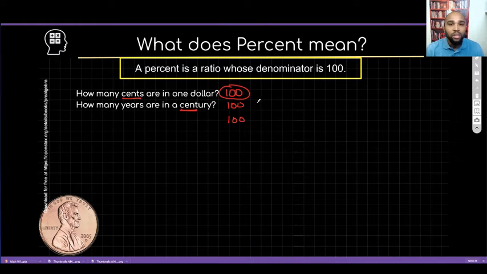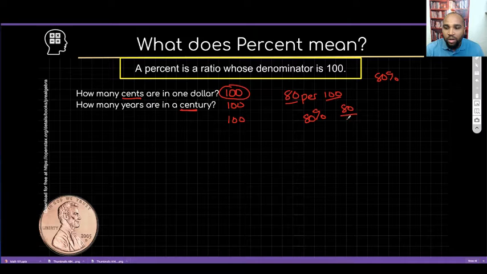Well, that literally means something per 100. So if I said I have 80%, that means I have 80 per 100. That means for every 100, there are 80 of those items. So you could write it as 80%, or you could write it as 80 over 100. Notice this division sign, I'm saying per.